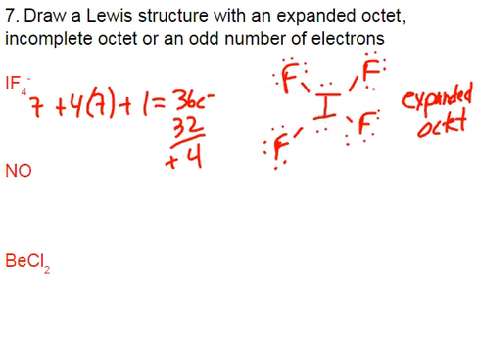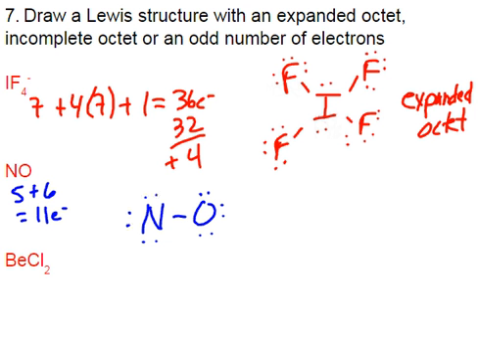NO. 5 plus 6, we have 11 electrons. As soon as you get an odd number, first thing I do is double check my math. But if you know it's an exception, then you know the best you can do is 8 on all the atoms except the center one or one of them, and that one's only going to get 7. So I go ahead and draw N, connect the O. If I had enough electrons, these would each need 3 pair.